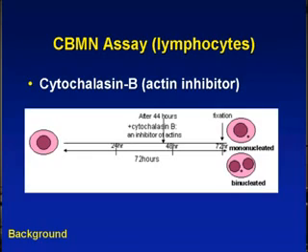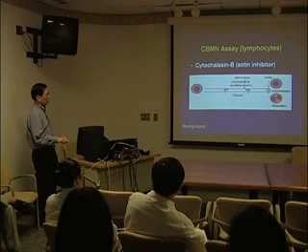Then you allow the cell to go through another cycle, and you get binucleated cells because they couldn't complete division. Or you may still have cells with single nuclei, or mononucleated, because these are the cells that never even went through the first division.